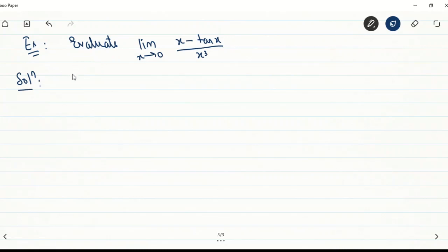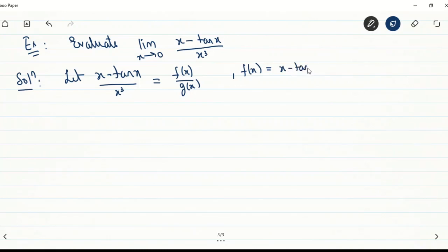Here we can observe that x minus tan x divided by x cube is the same as f of x divided by g of x, where we take f of x as x minus tan x and g of x as x cube.